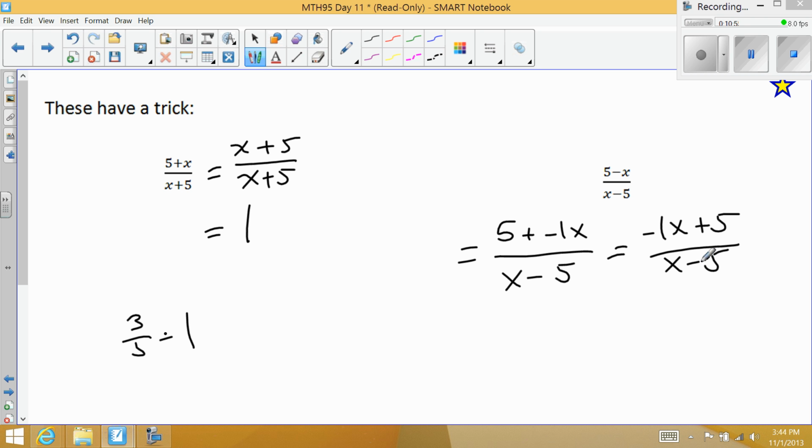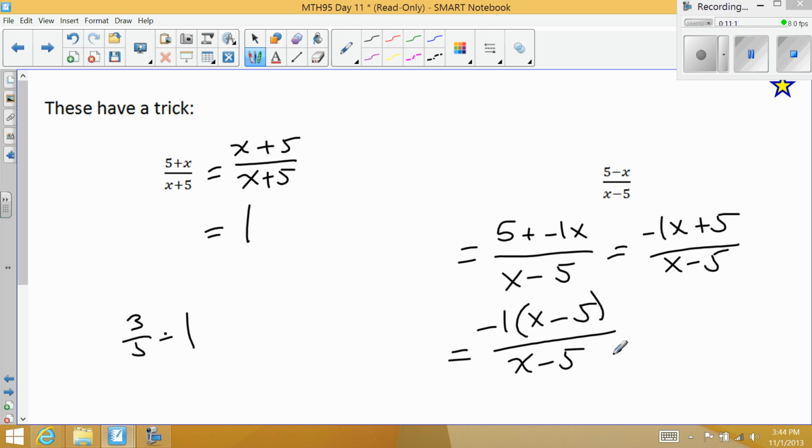Trust me on this. What I'm going to do now is in the numerator factor out a negative 1. So negative 1 times positive x would be the negative 1x, and negative 1 times the subtract 5 would equal the plus 5 that I had here. And then this is over the x subtract 5.